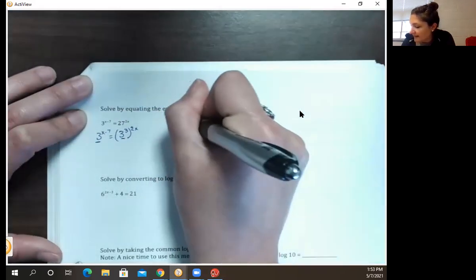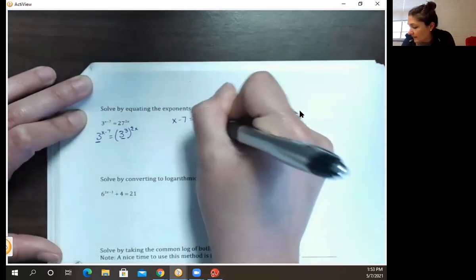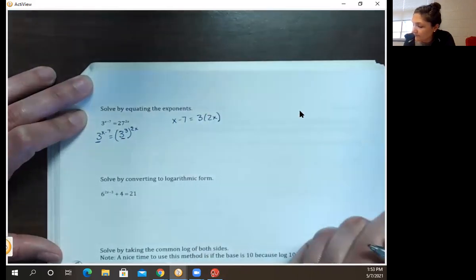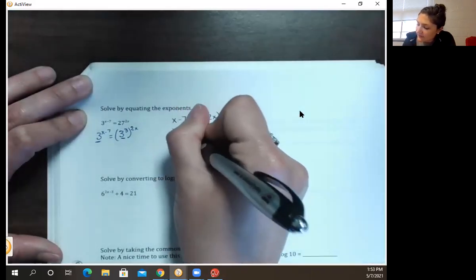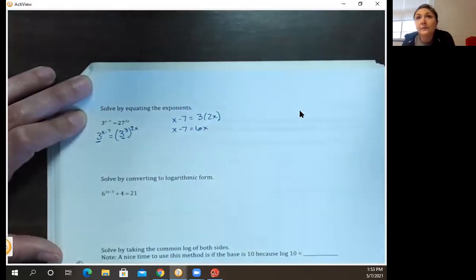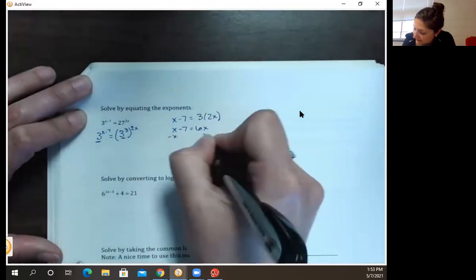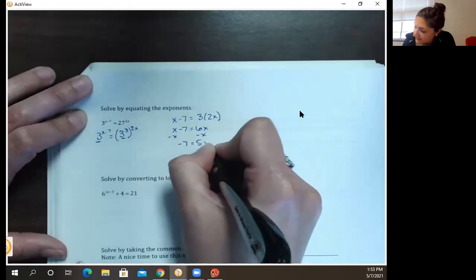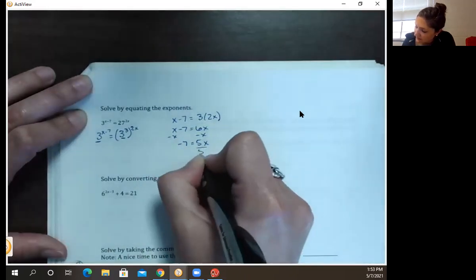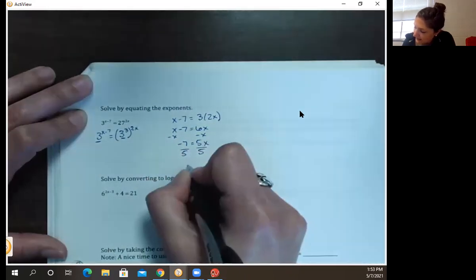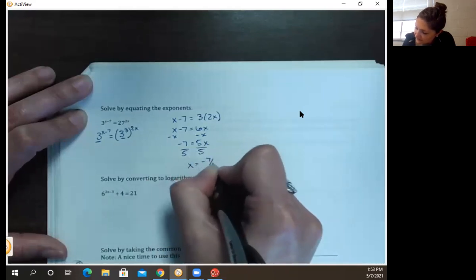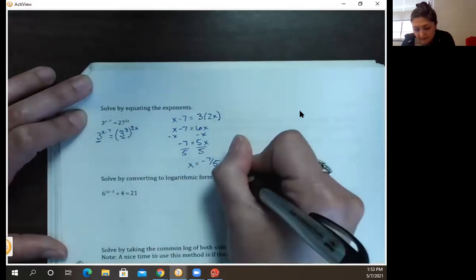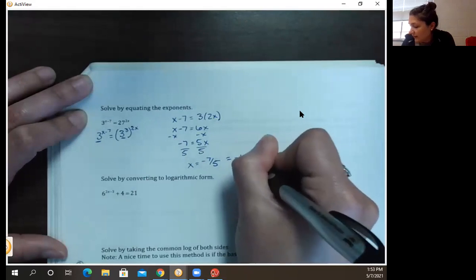So x minus 7 equals 3 times 2x. So x minus 7 equals 6x. I'm going to move the x's to the same side. I get negative 7 equals 5x. Divide both sides by 5. And I get x to be negative 7/5. Or if you like the decimal version better, negative 1.4.